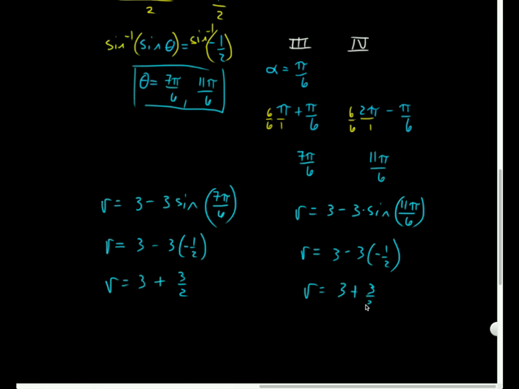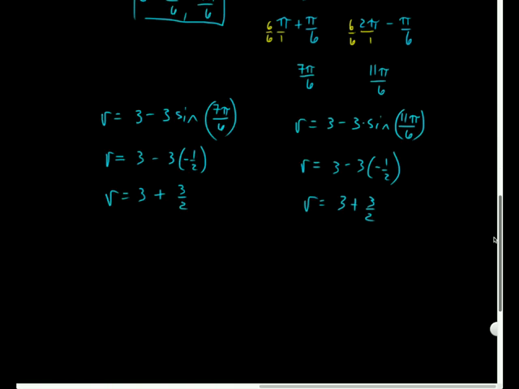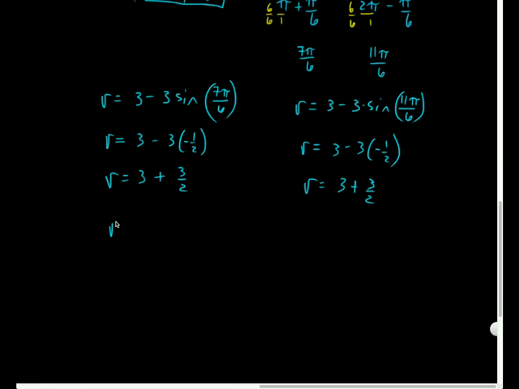It looks like these are going to be the same number, but remember they're at different angles, so it's not talking about the same point. So don't assume that just yet. And well, I guess I can work with decimals here, since when graphing these we're typically interested in decimals anyway. So 3 plus 1.5 is 4.5, and this is also r equals 4.5.